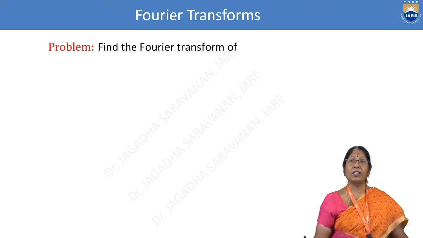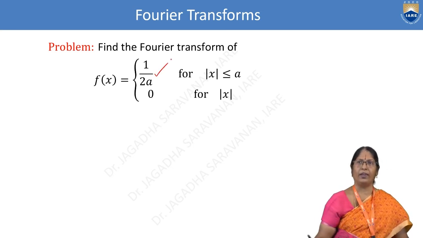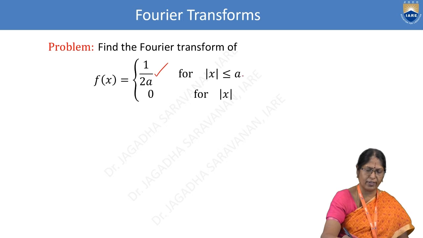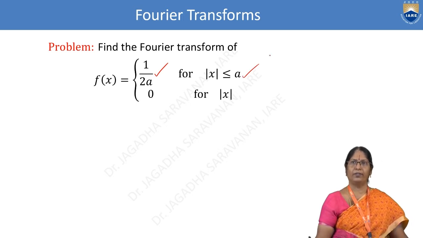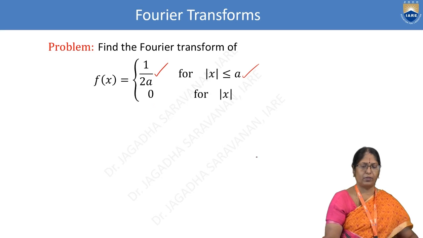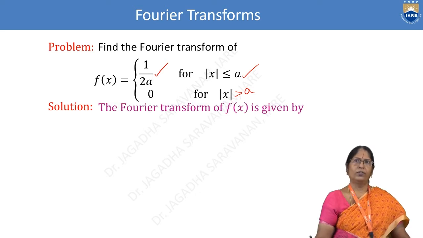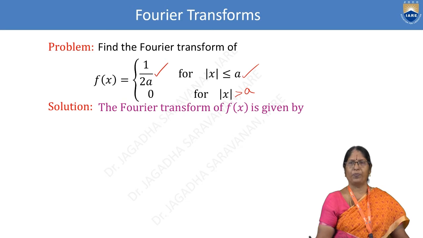Find the Fourier transform of f of x equal to 1 by 2a for mod x less than or equal to a, and 0 for mod x greater than a. So now this problem we have to solve using the Fourier transform.